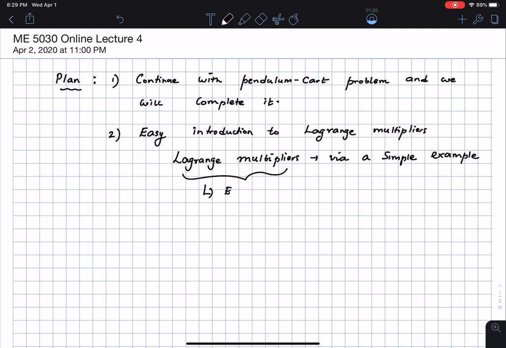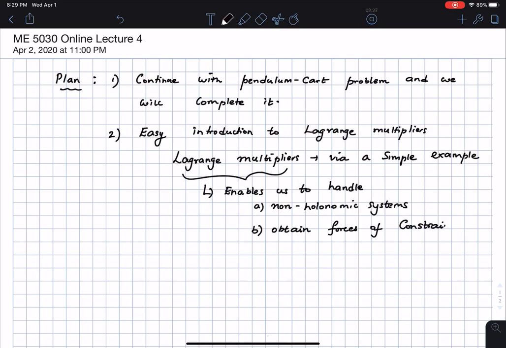This enables us to handle non-holonomic systems, and also suppose we want to compute one of the constraint forces, we want the normal force at some point, then we can use the Lagrange multipliers. Okay, so obtain the forces of constraint. All right, so that's the plan for today.